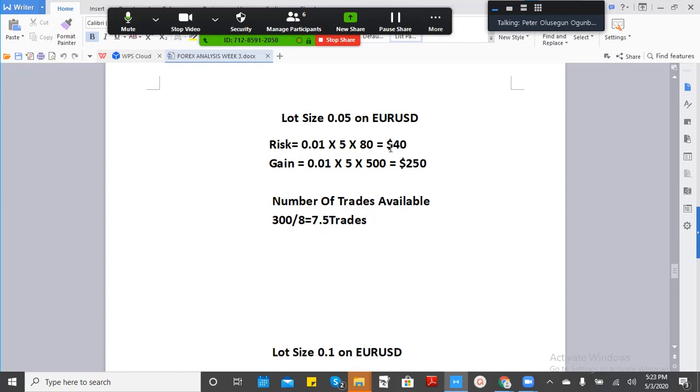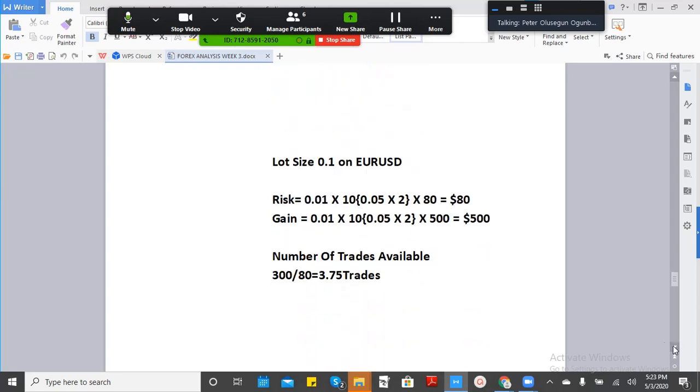So the risk is more because of the number of pips, but if you're able to eat this, you gain this. And if you are now greedy, you want to risk 0.1, you want to risk $80 to gain $500. You'll only be able to pick 3 trades and you're out.